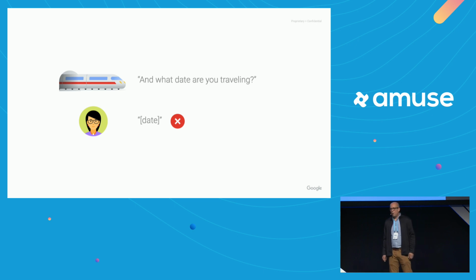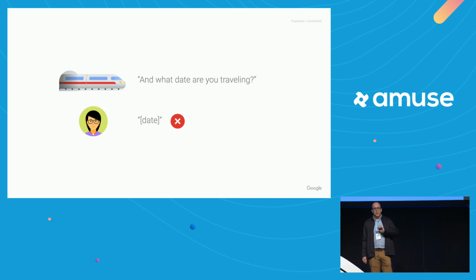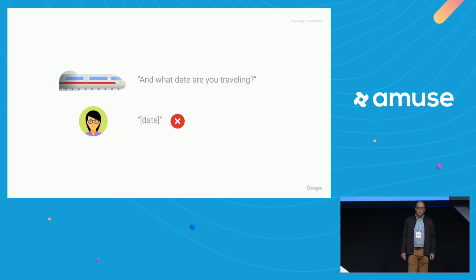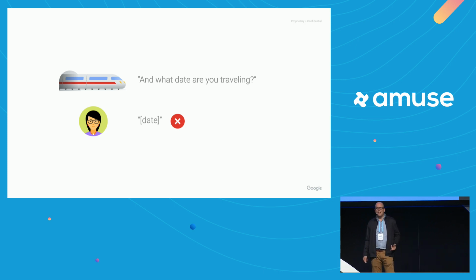Years ago, I worked on a project for Amtrak. Amtrak is pretty much the national train system in the United States. And they had an interesting challenge. We had an interesting challenge where people would say the arrival station, the departure station, the date, and for some reason we had more trouble with the date than we were having with the arrival station, departure station, etc. There was something that just wasn't working.